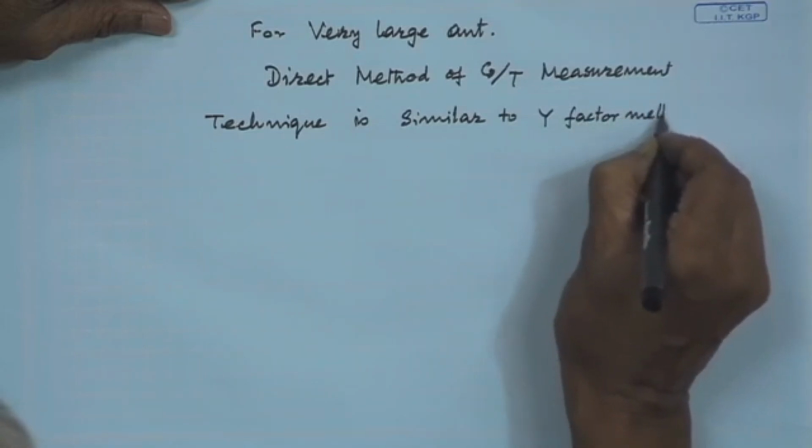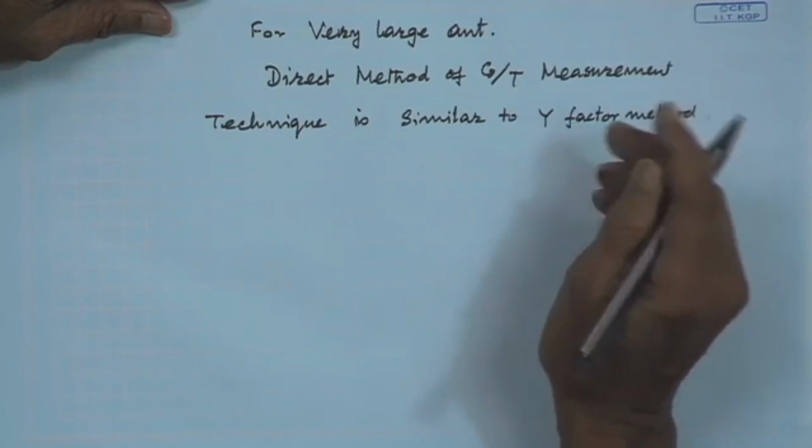method. Y factor is measuring the noise temperature and the device temperature of two different loads connected at the input to the device under test.